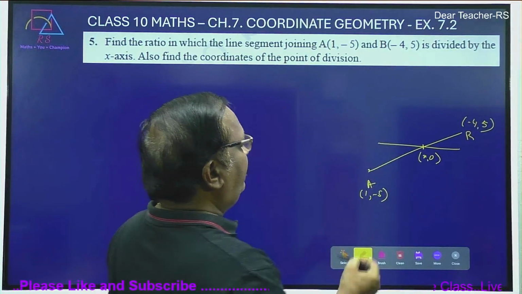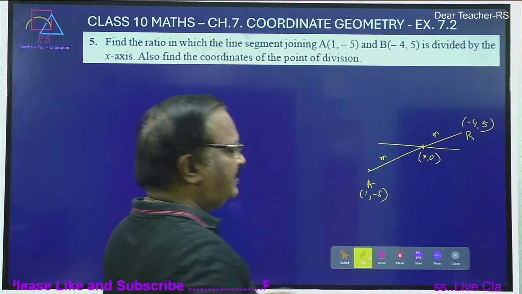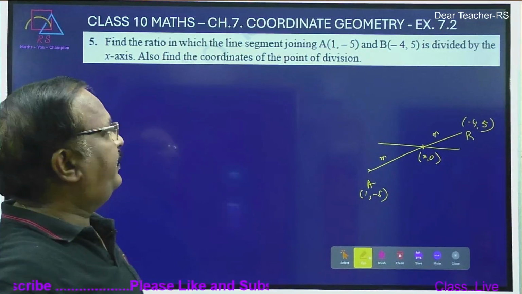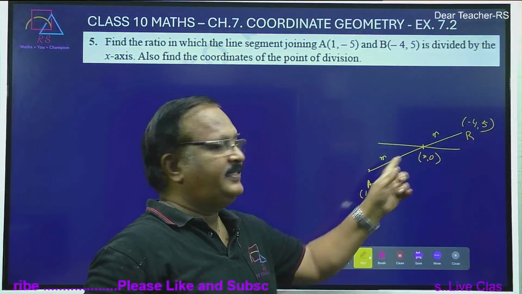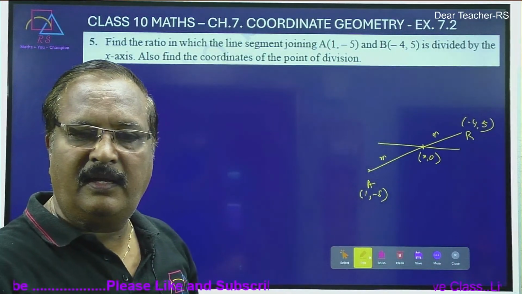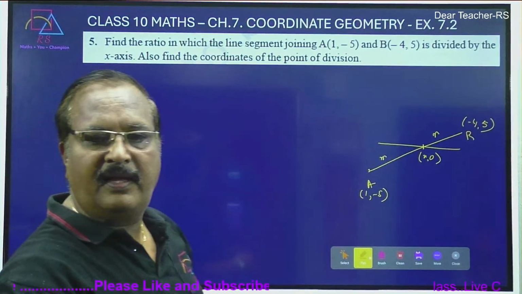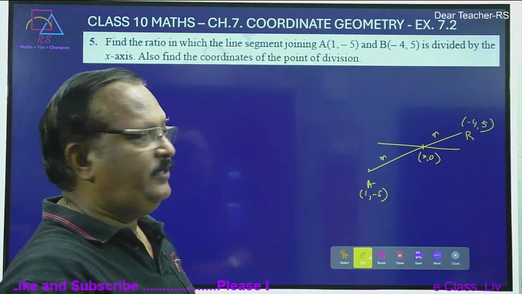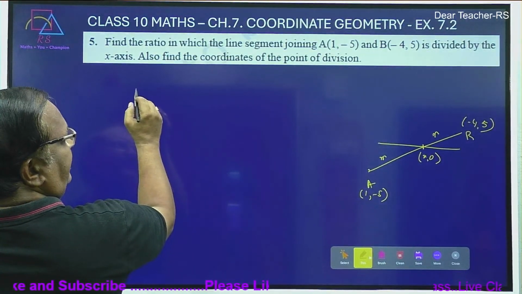Now we have to find out, this is m and this is n, just like the previous question. Now you have to find out in which ratio this point is dividing A is to B. Yes, x0. Alice, very good, x0. So then same ratio is m is to n.